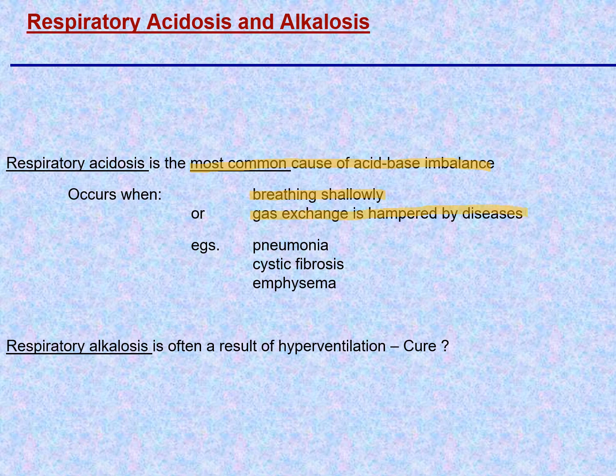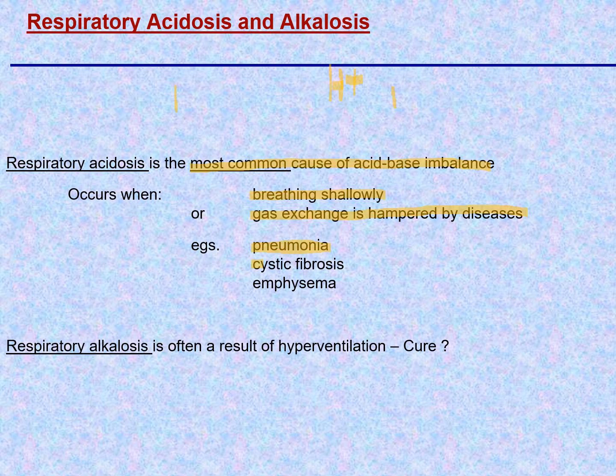Okay, and it can occur, for example, with pneumonia, where certain areas of the lung are unavailable, or they're not adequately ventilated, and so the person can't blow off enough CO2, and the reaction is going from left to right, and there's more hydrogen ions being produced because the PCO2 is rising.